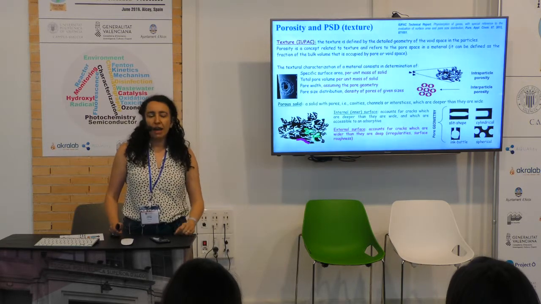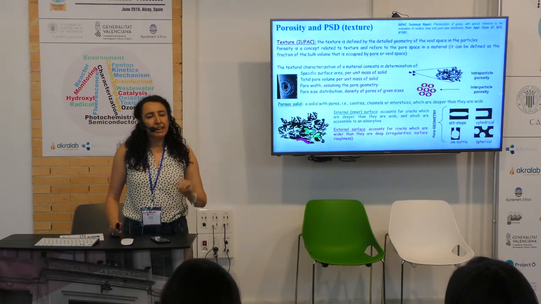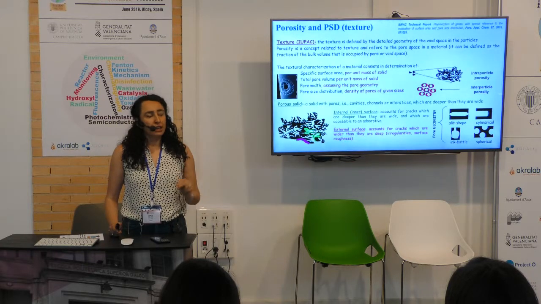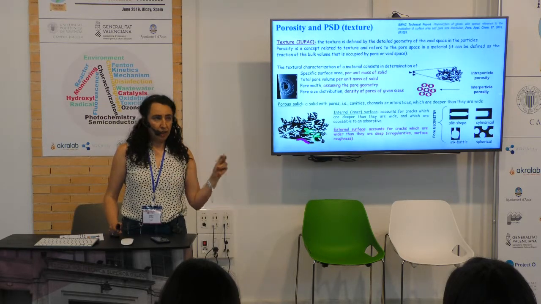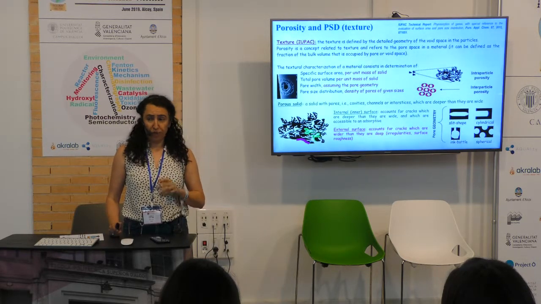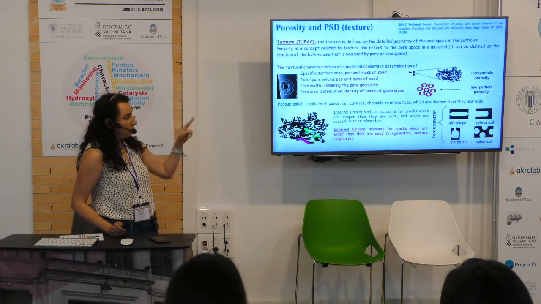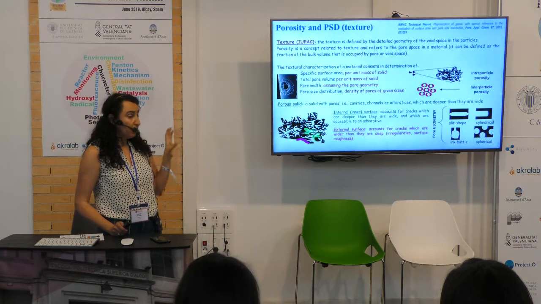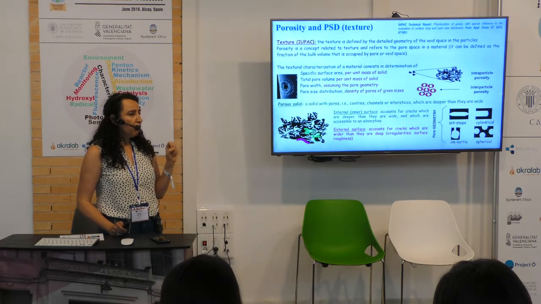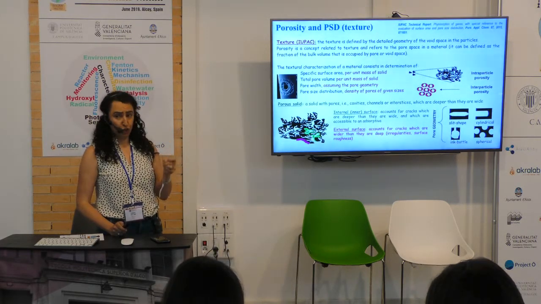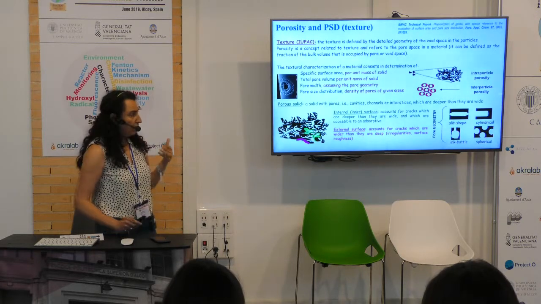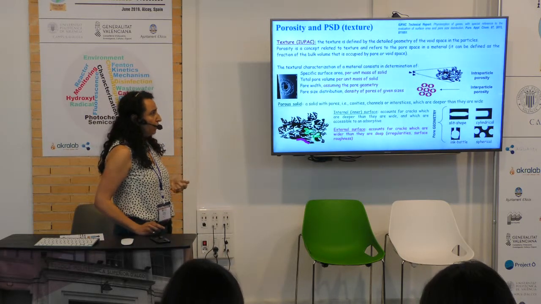So IUPAC has also considered this, and they have defined nanopores as those lower than 100 nanometers. They still keep the old nomenclature, which is something that we will see in a minute, but we have to be aware of how IUPAC is recommending to label things in order to not just invent new words.